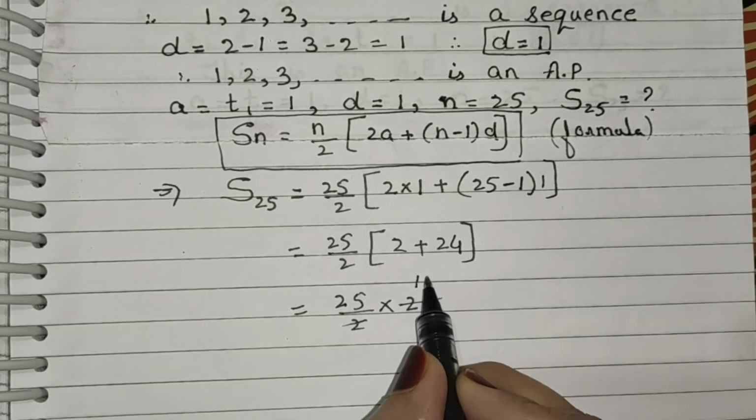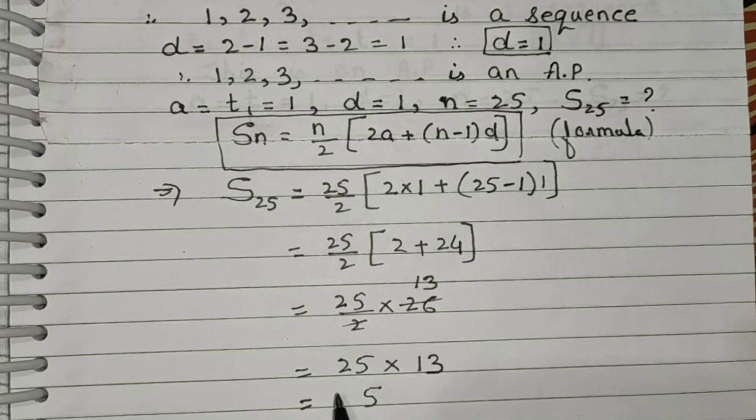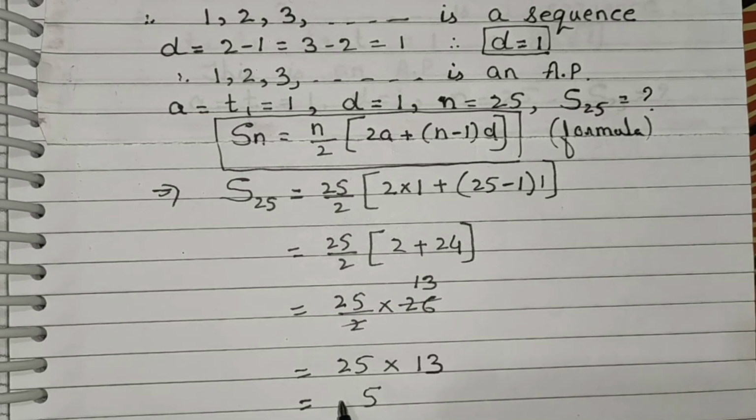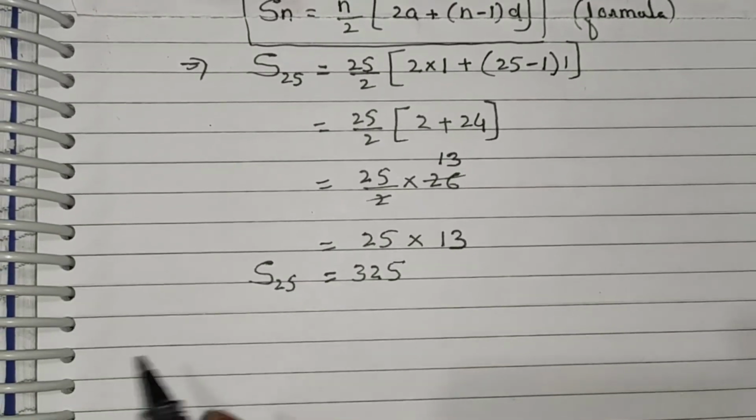Cancel it. 2 ones are 2, 2 thirteens are 26, which is equal to 25 into 13. Solve it. 13 fives are 65. 5 carry 6. 13 twos are 26. 26 plus 6 we get 32. It is the value of S25. Now write down the answer.